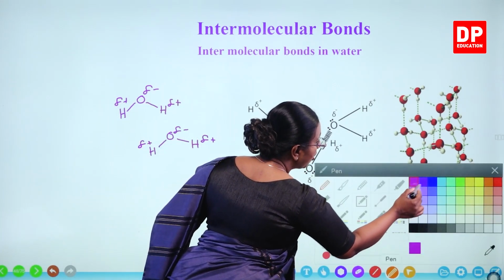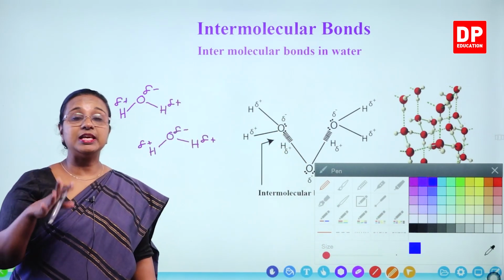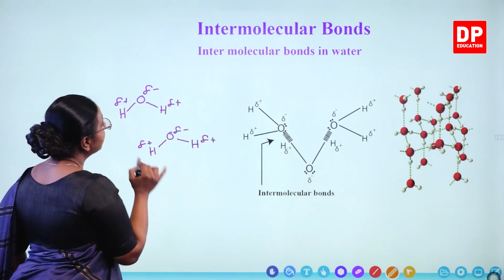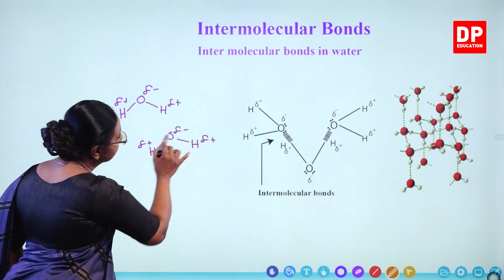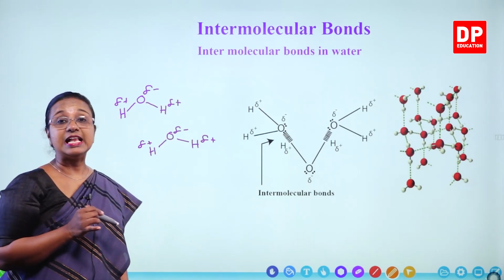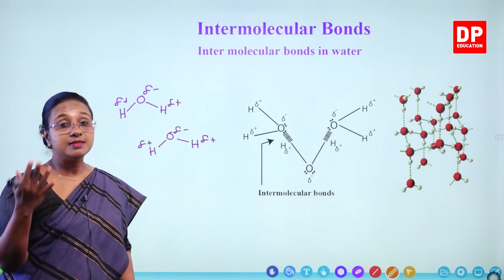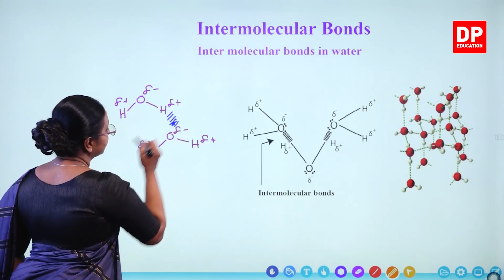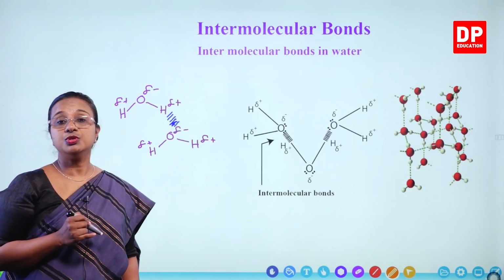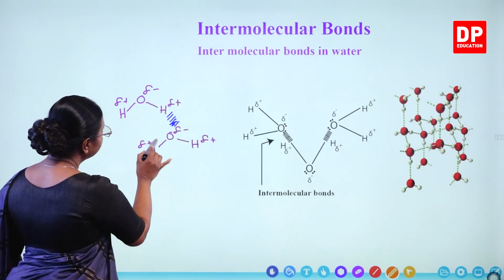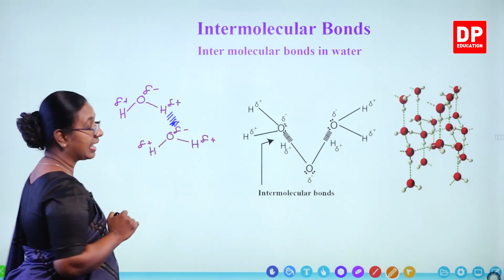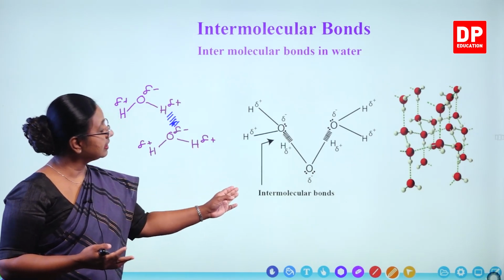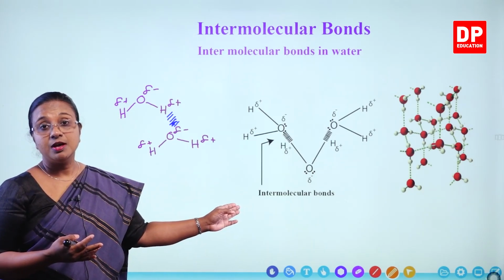So in water, when all the molecules are near one another, this delta positive charge will get attracted to the delta negative charge because they are opposite charges. There will be an interaction between those two charges. Similarly, this delta positive will interact with the delta negative of another molecule, and this one with another delta negative charge.